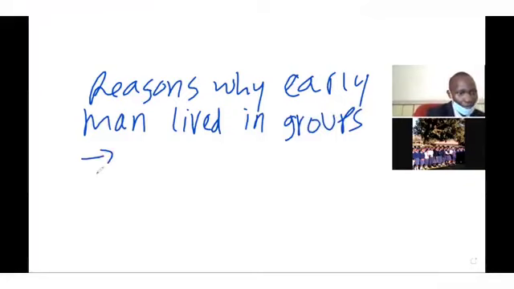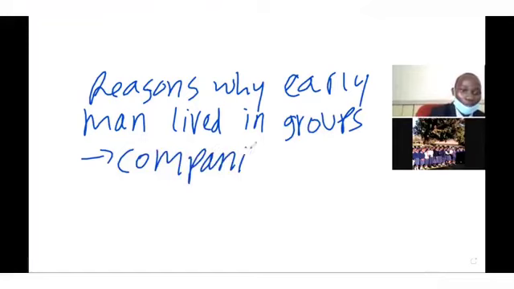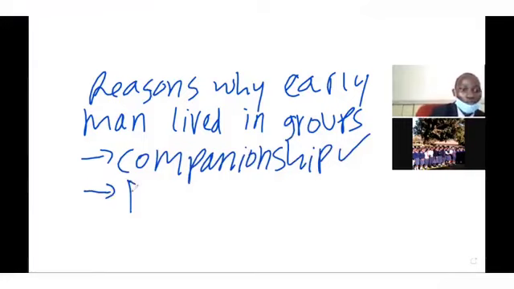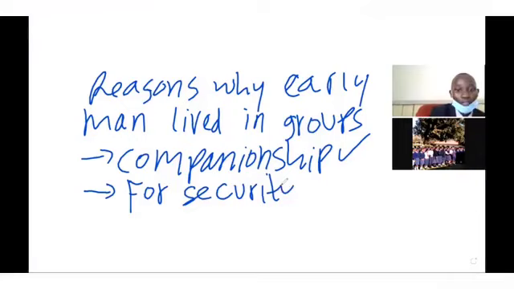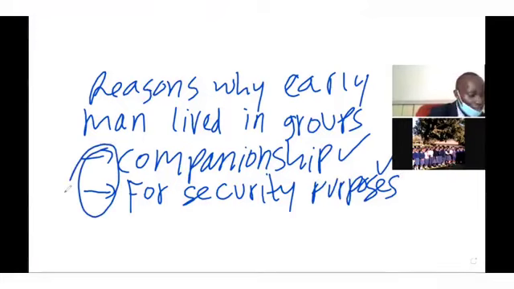For example, one of the answers is maybe for companionship, which is correct. We can have for security purposes, which is correct. You score a mark, and I've said do not use any of this.